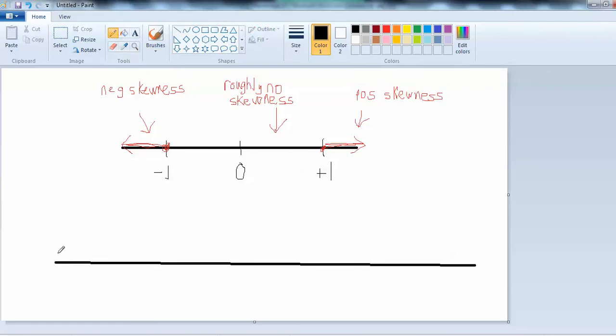So this is -1. This is +1. We have -0.4. No, this would actually be -0.7.